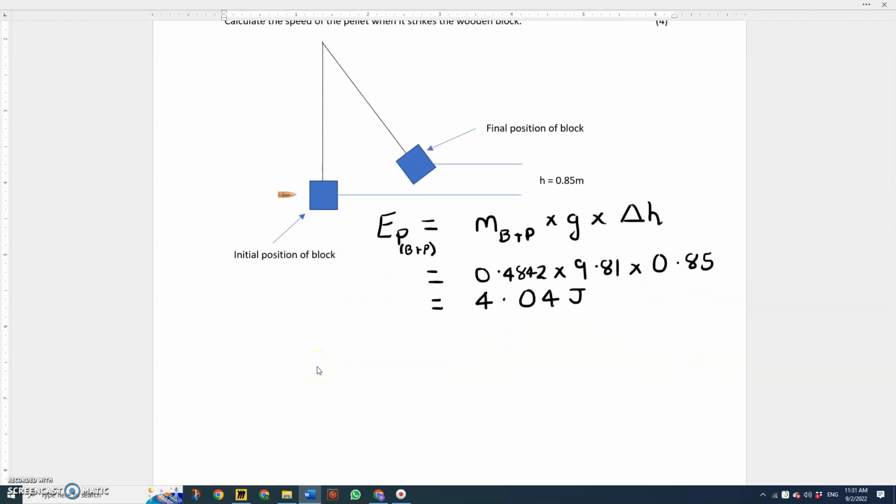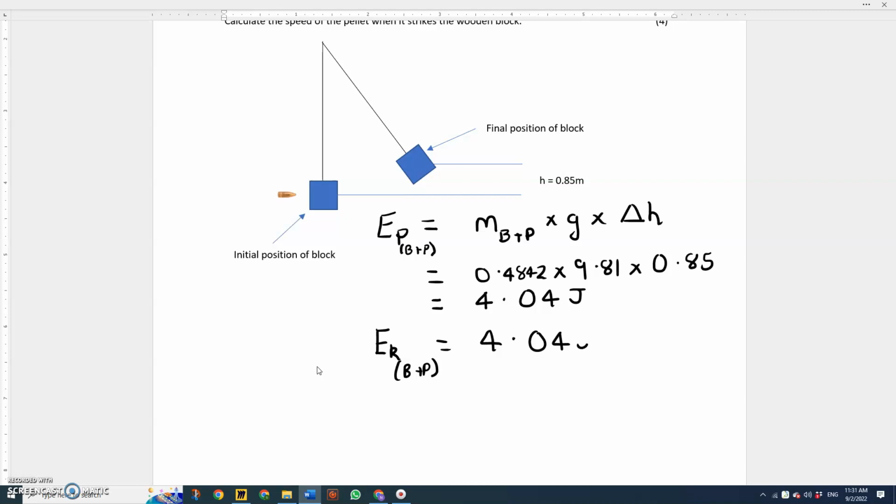So let's calculate that. The kinetic energy of the block and the pellet is equal to 4.04 joules.